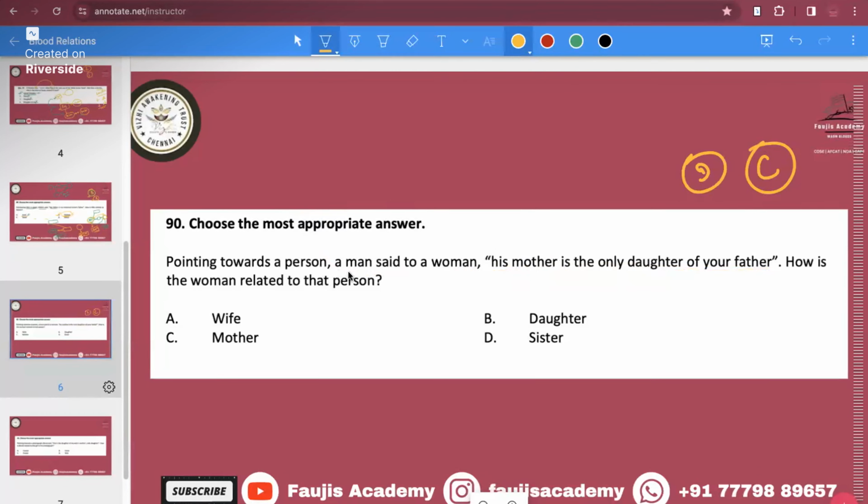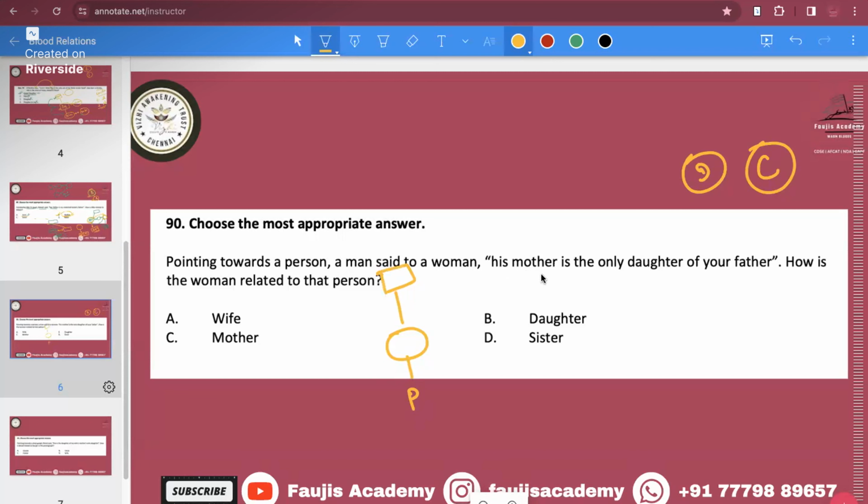Pointing towards a person, a man said to a woman. Okay, let's call that person P. We don't know whether that is male or female. His mother is the only daughter of your father.